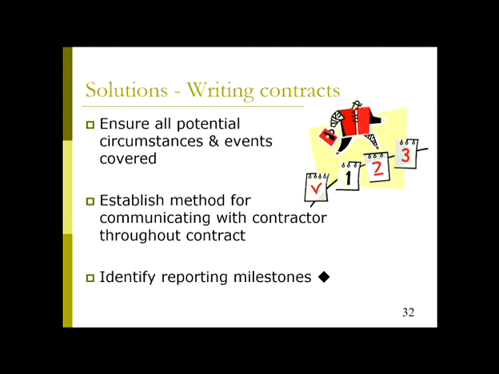Okay, so writing contracts. Ensure that all potential circumstances and events are covered. So we've just seen an example of a circumstance, an event that needs to be covered. Communication's very important. And remember back when we were talking about projects, we were talking about channels of communication.